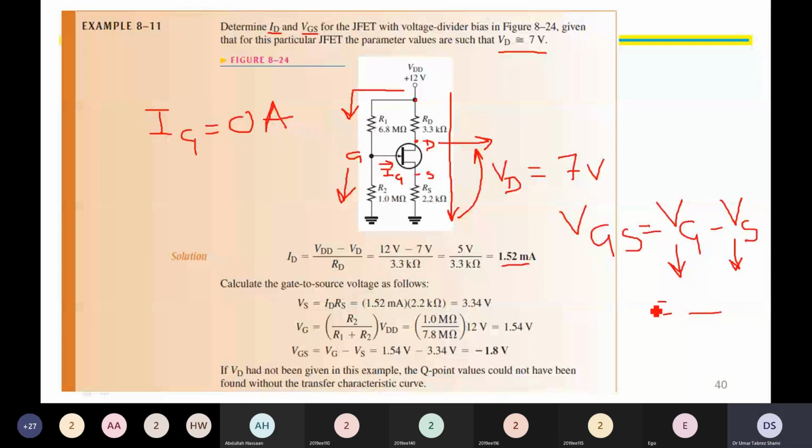What is the voltage VS? Have a look at the circuit and tell me. I will write a formula: VS is equal to ID into RS. Is this formula correct?